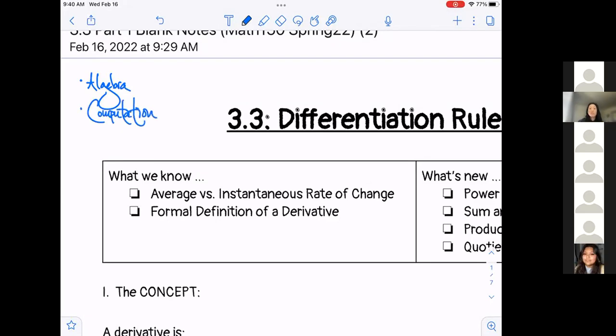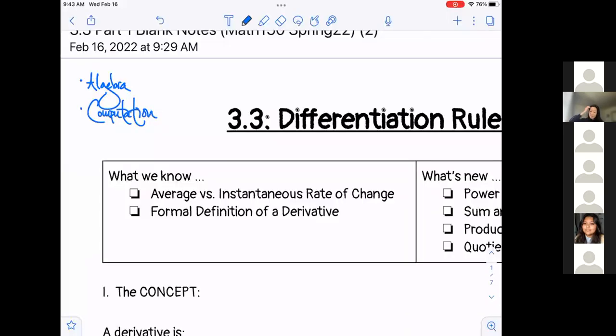Okay, so 3.3 part 1, we're going to be using a lot of algebra, a lot more computation. For some people, this is much more comfortable because it's a little bit less notation that's not as familiar to us.